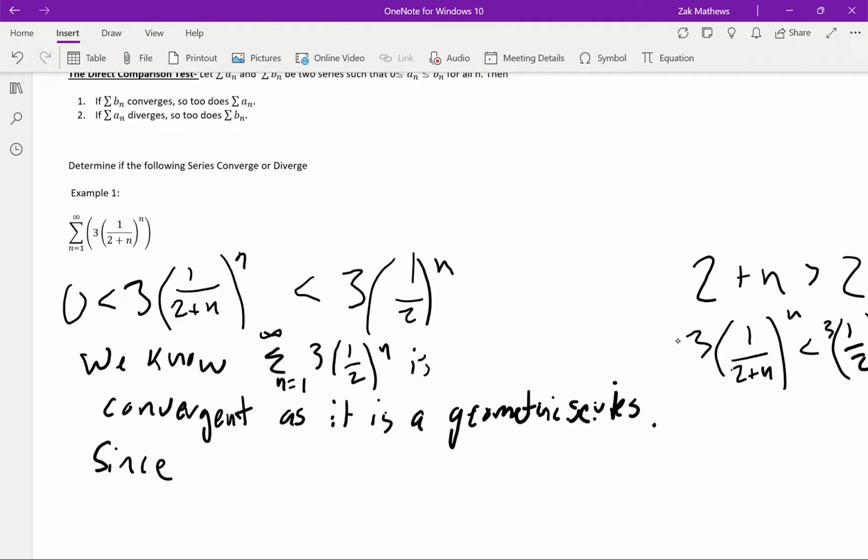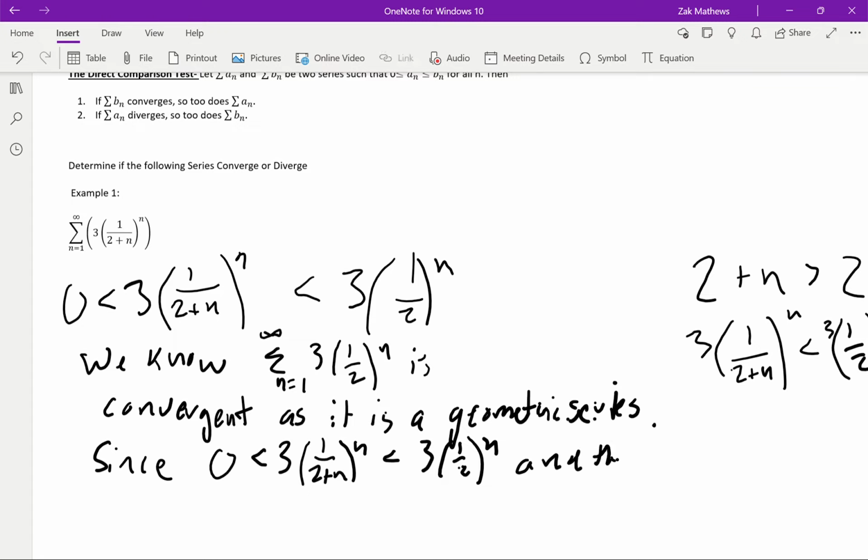Since I'm going to state our inequality here, 0 is less than 3 times (1 over 2 plus n) to the n, is less than 3 times (1 over 2) to the n.